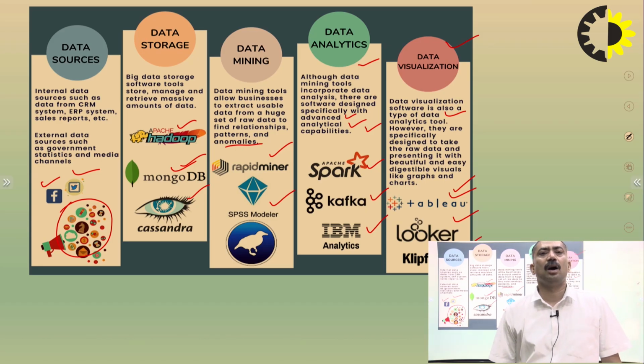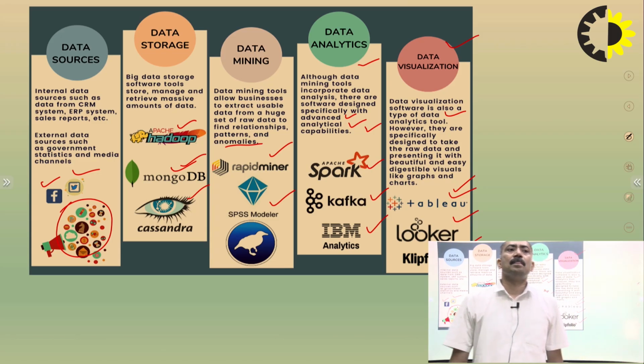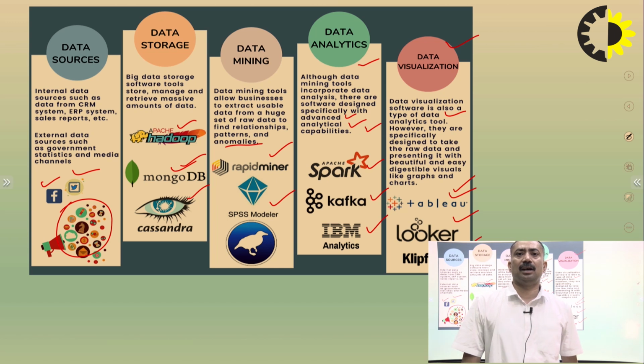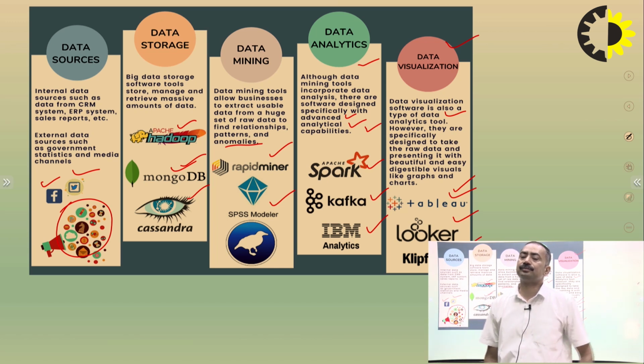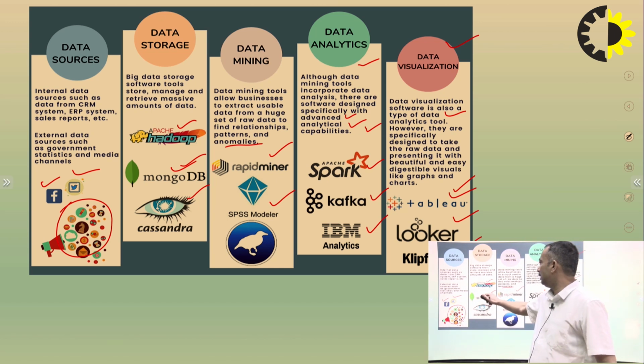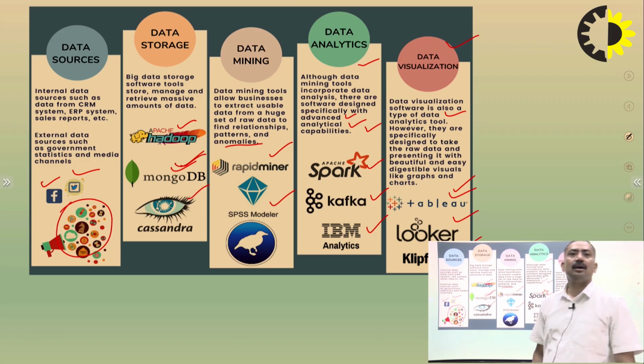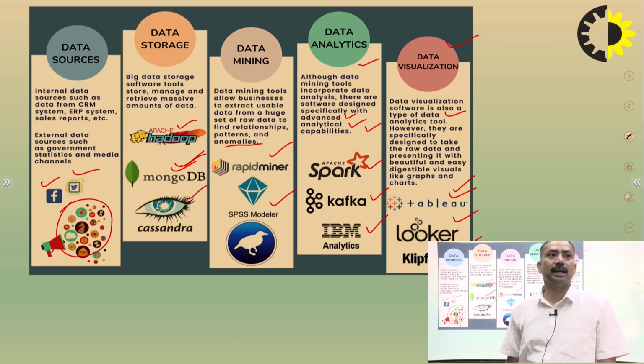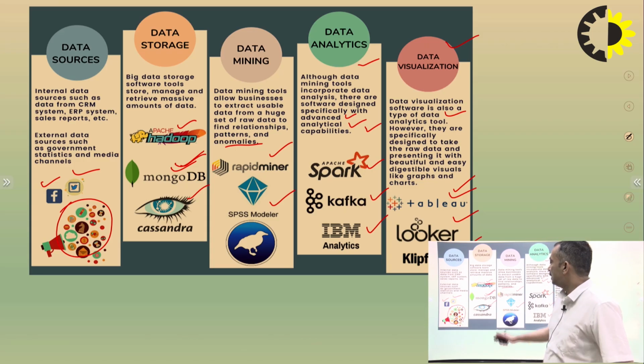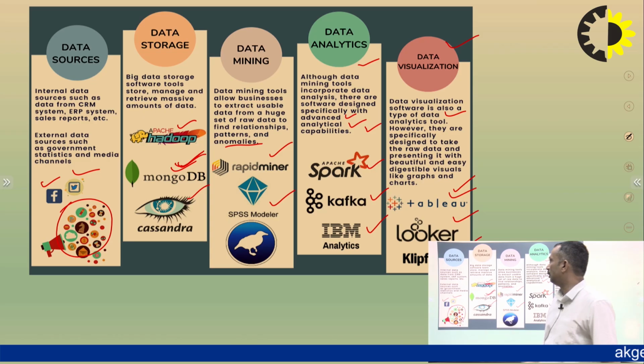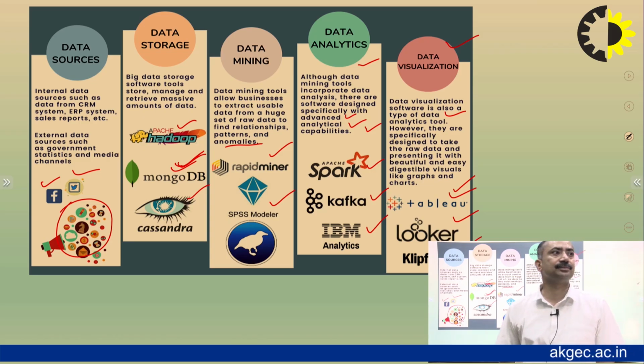It is the most popular big data database because it can manage and store unstructured data with ease. So MongoDB is a basic tool in our syllabus of big data. That's why we just discussed this tool, MongoDB, in data storage.